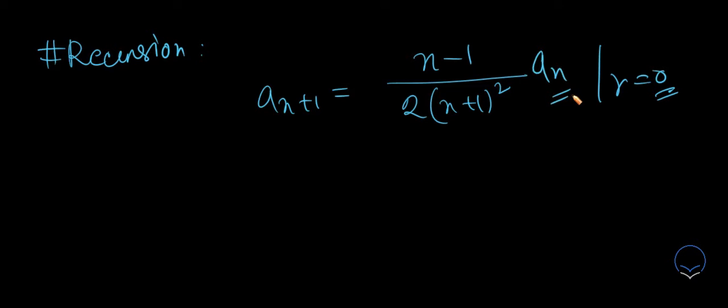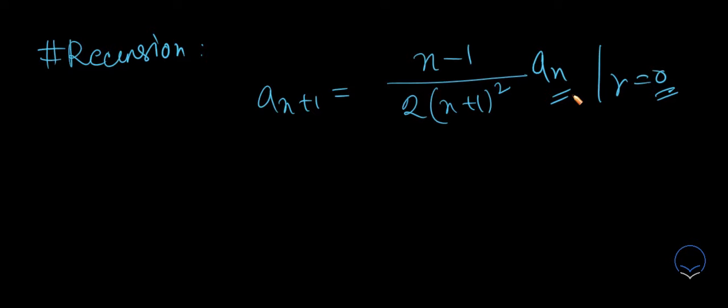And now you are going to calculate the terms that come from this recursion relationship, but you can see that this will not yield the a0.